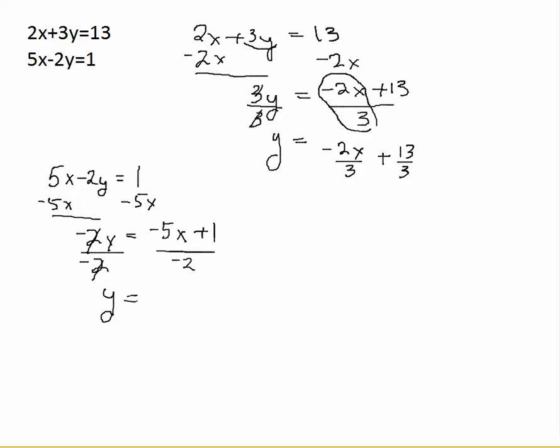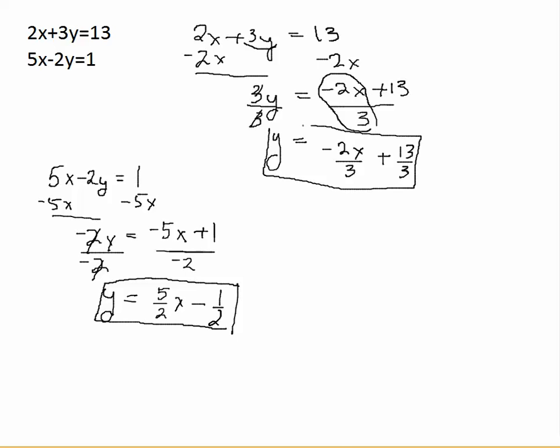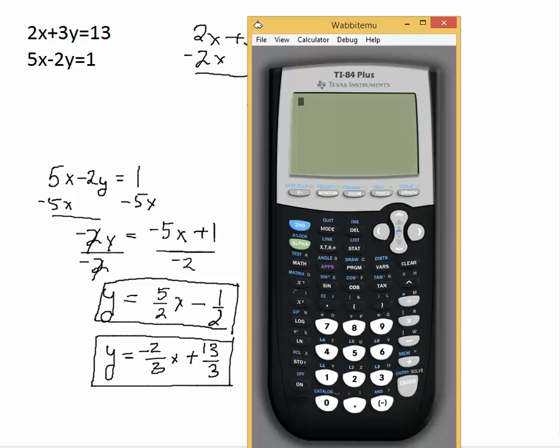We're left with y, and we have negative 5 divided by negative 2, so that gives us 5 over 2 x, and we have 1 divided by negative 2, which is negative 1/2, so we subtract 1/2. So now we have our two equations, and we are going to enter them into the calculator.